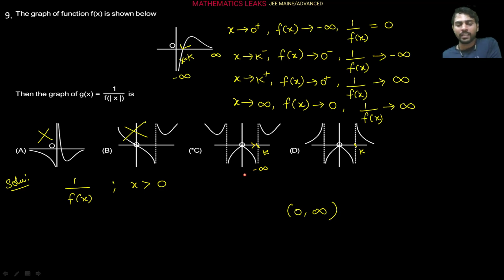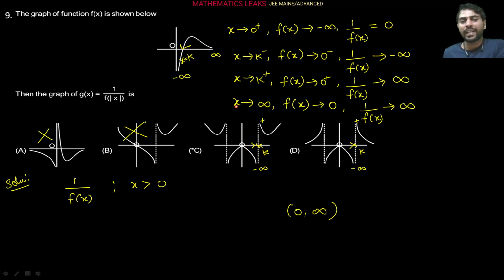It is correct, right? Also you can observe in this case too, when x is approaching k from the left side, it is approaching minus infinity, right? And when x is approaching k from the right side, you are getting positive infinity for 1 upon f of x, right? This is also and this is also. So these two graphs are satisfying up to here.